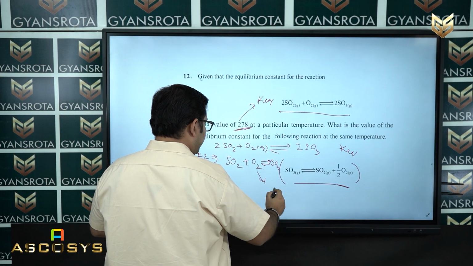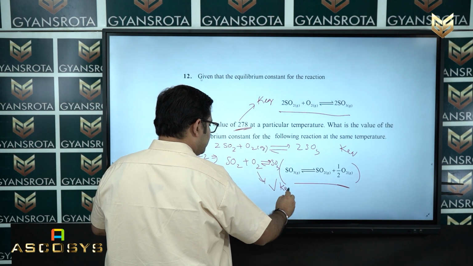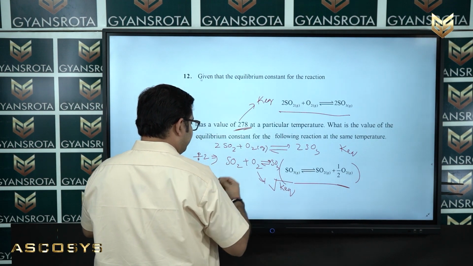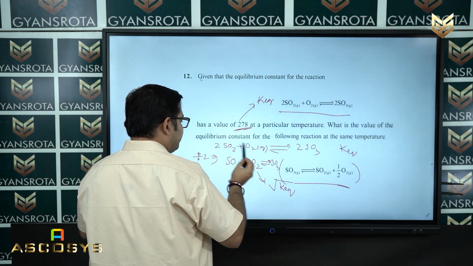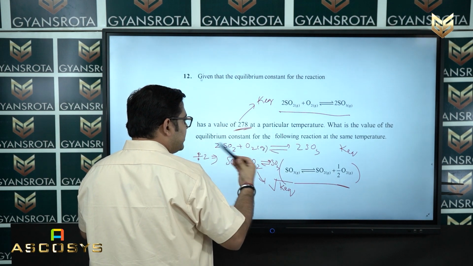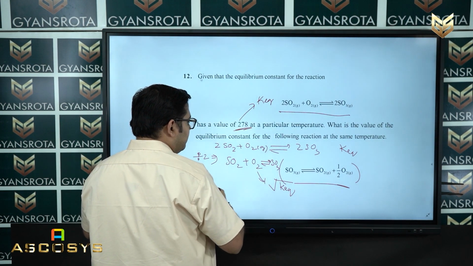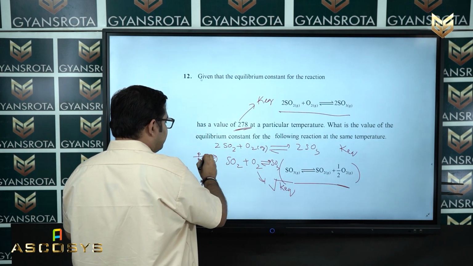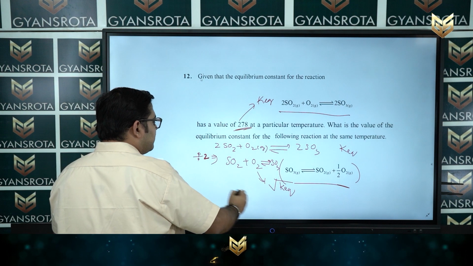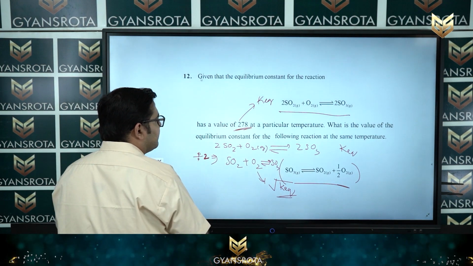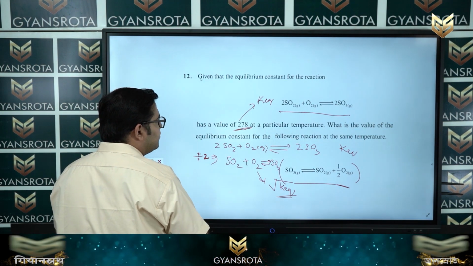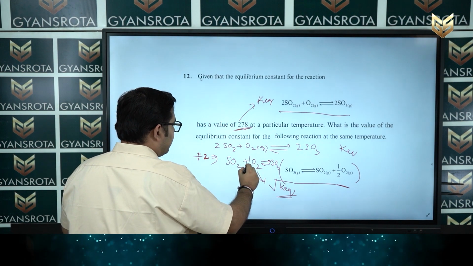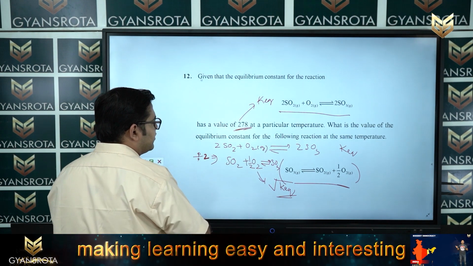Your K equilibrium will be root K, because I already said if any reaction is divided by n, then the new equilibrium constant is the nth root of K equilibrium. In this case it is divided by 2, so that value will be root K equilibrium.